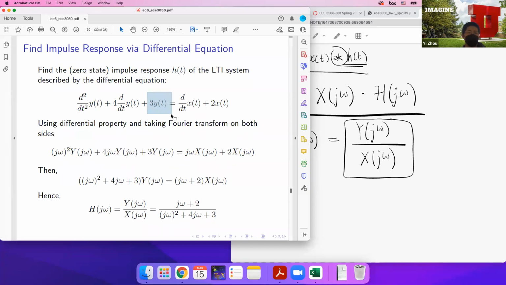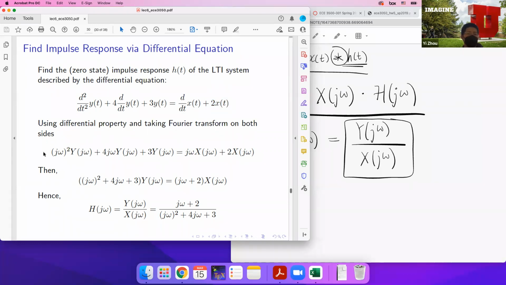Here you have 3y(t); after the Fourier transform, you have 3 capital Y. On the right-hand side, you have the same thing. This is the first order derivative of x(t), so you end up with the spectrum of X scaled by the coefficient j omega. And 2x(t) is transformed into 2 times capital X.